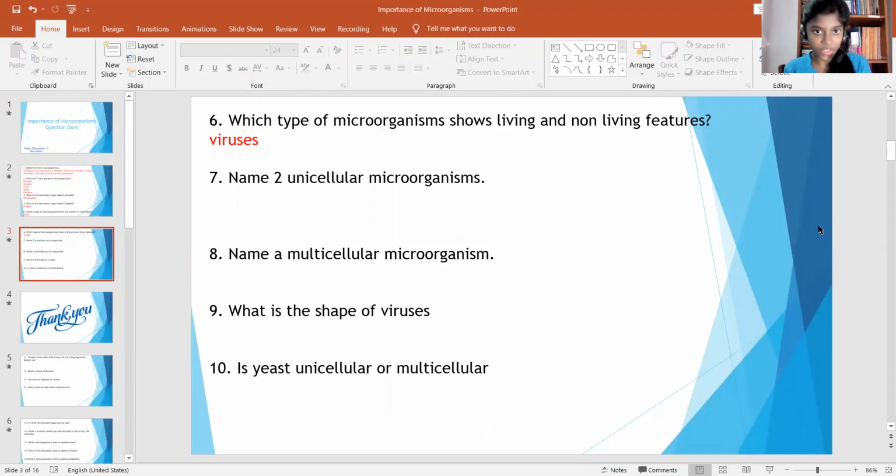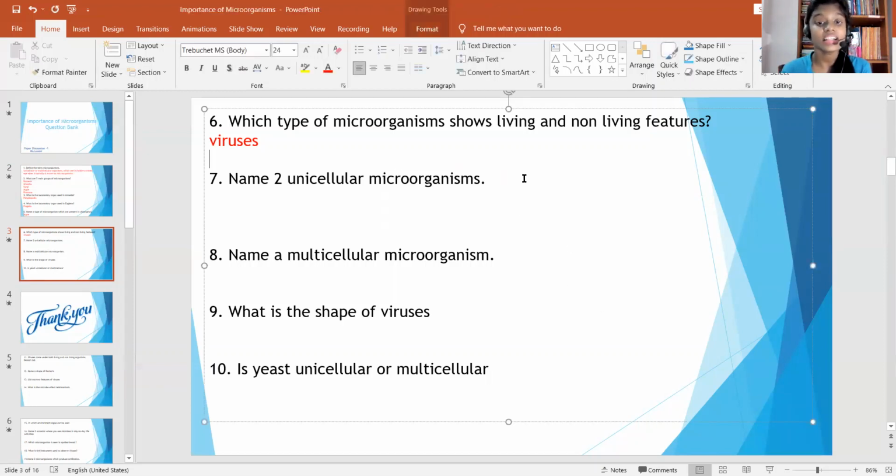But when they enter a living cell, like a human cell, animal cell or plant cell, they show living characteristics. When this microorganism goes into a living cell only, it shows living characteristics.